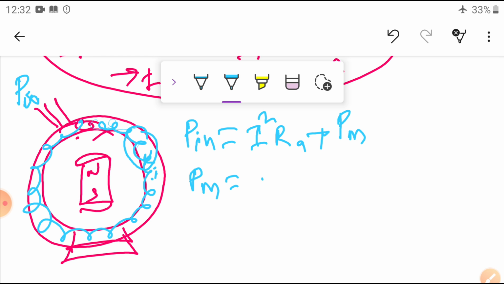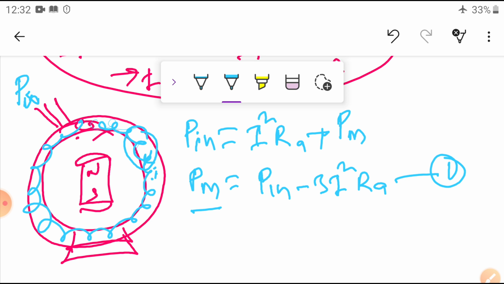That is equal to P input, the total electrical input, minus three phases of 3 I square R A. This is the first equation: mechanical power developed is PM, the total input minus the 3 I square R copper losses.